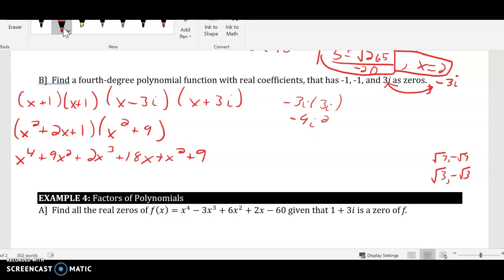And now you just need to put together any terms that are the same. So there are no other x to the 4th, so it's x to the 4th. There are no other x cubed, so it's 2x cubed. There is an x squared term here and here, so that turns out to be 10x squared. There are no other x's, so it's just 18x, and then a plus 9. And that is correct. There's your polynomial.